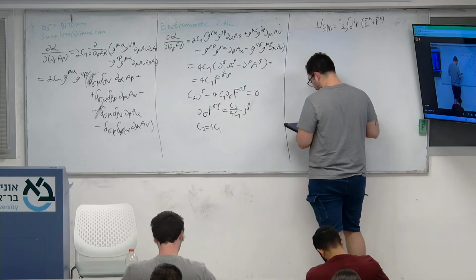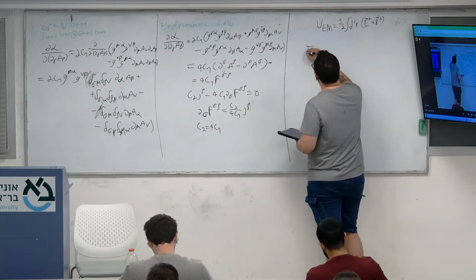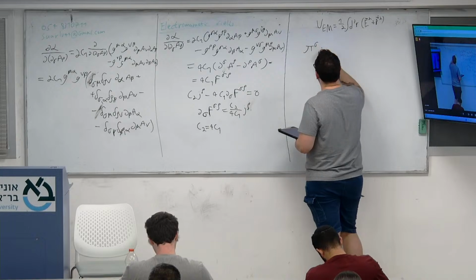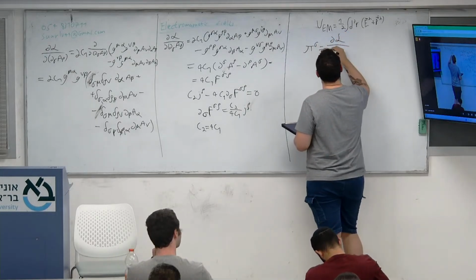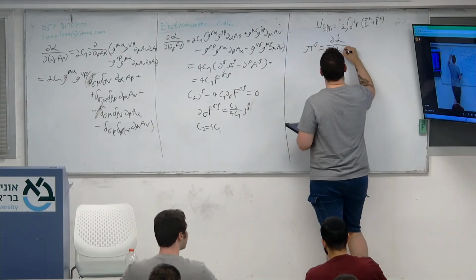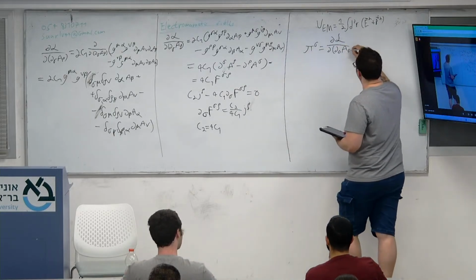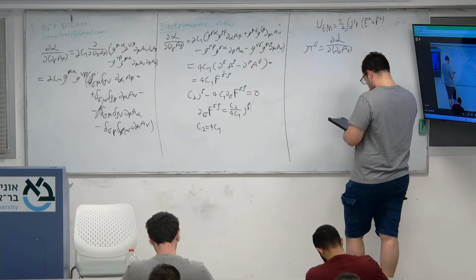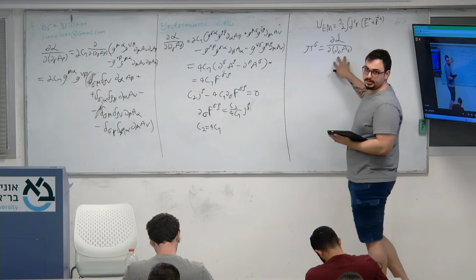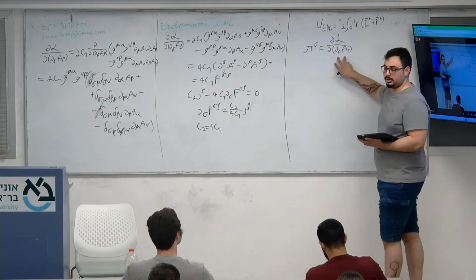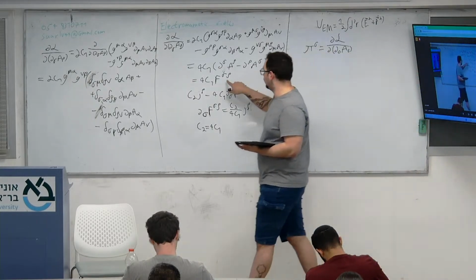All right. I'm going to write the 4 canonical momentum as the derivative of the Lagrangian. All right, but we already calculated this term earlier, right here.